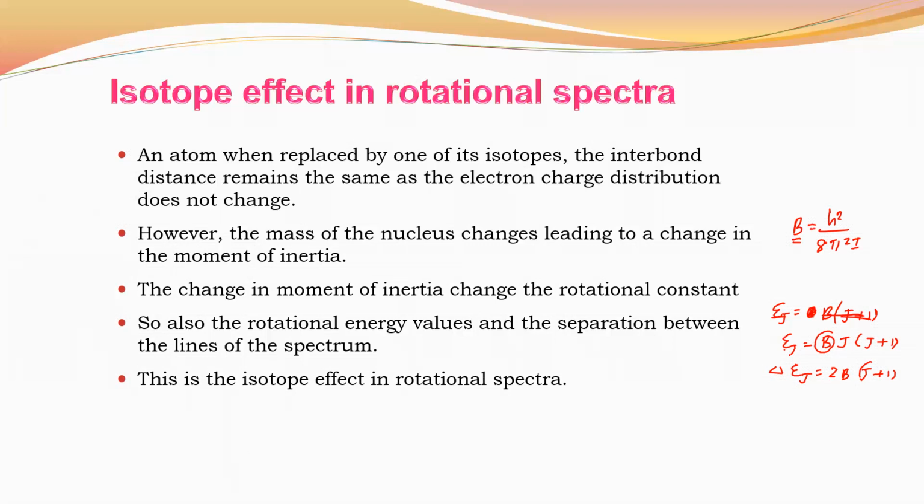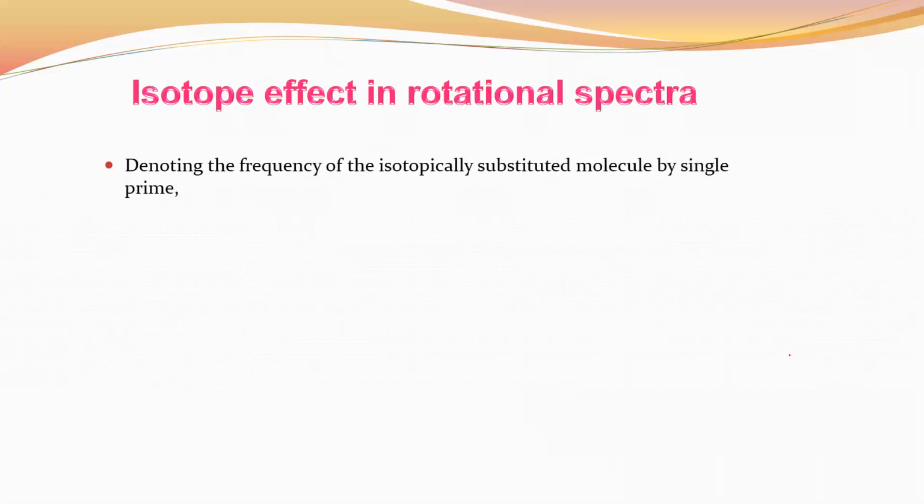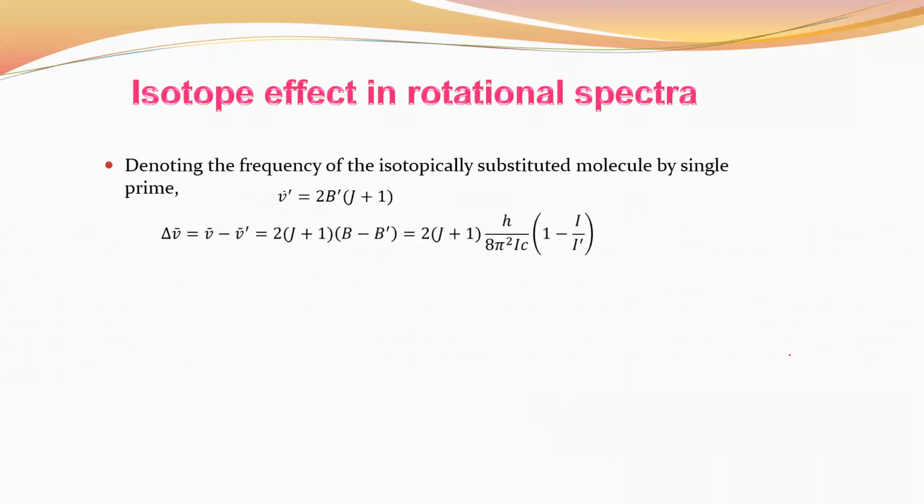Then there must be a variation in the position of spectral lines. It can be mathematically proved. Here we denote the frequency of the isotopically substituted molecule by a single prime. So we write nu bar dash, the isotopically substituted molecule, equal to 2B dash into J plus 1.